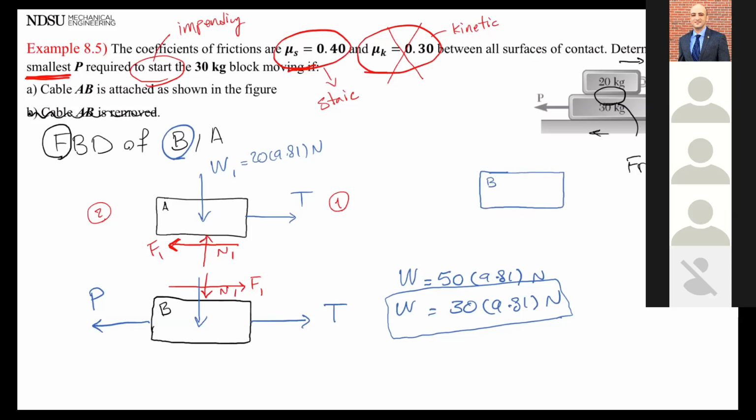You just got to look at block B, okay? On block B, all I know is it has a weight of 30 kilogram. I don't care what's on top of it. I don't care what's below it, to the right of it, to the left of it. Is there a pulley? Is there a rope? I'm only focusing on block B, and all I know is there is a weight, or mass, of 30 kilogram. So W2, which is going to be on the one that I have on the right.